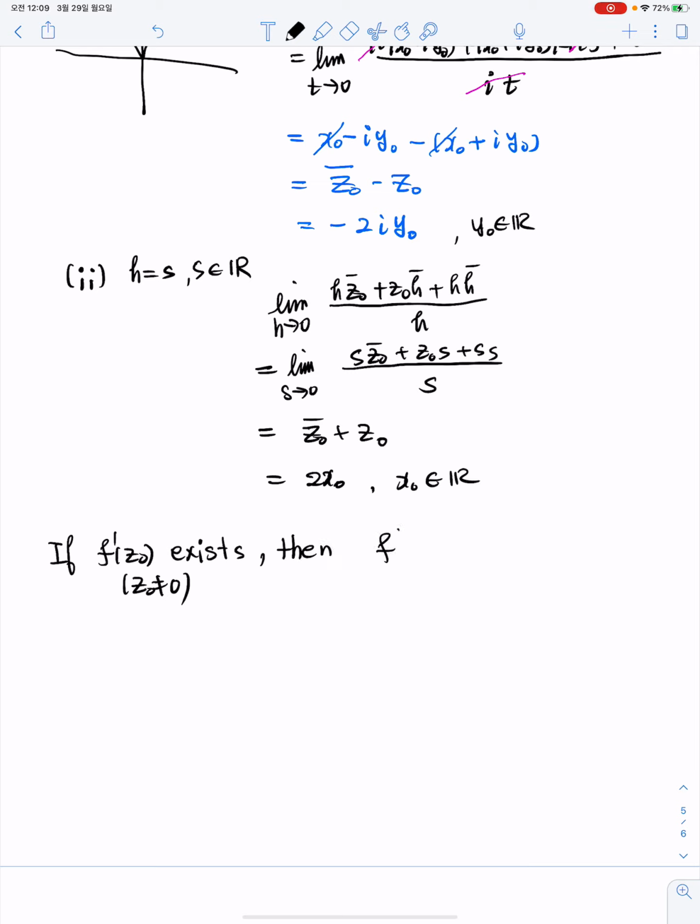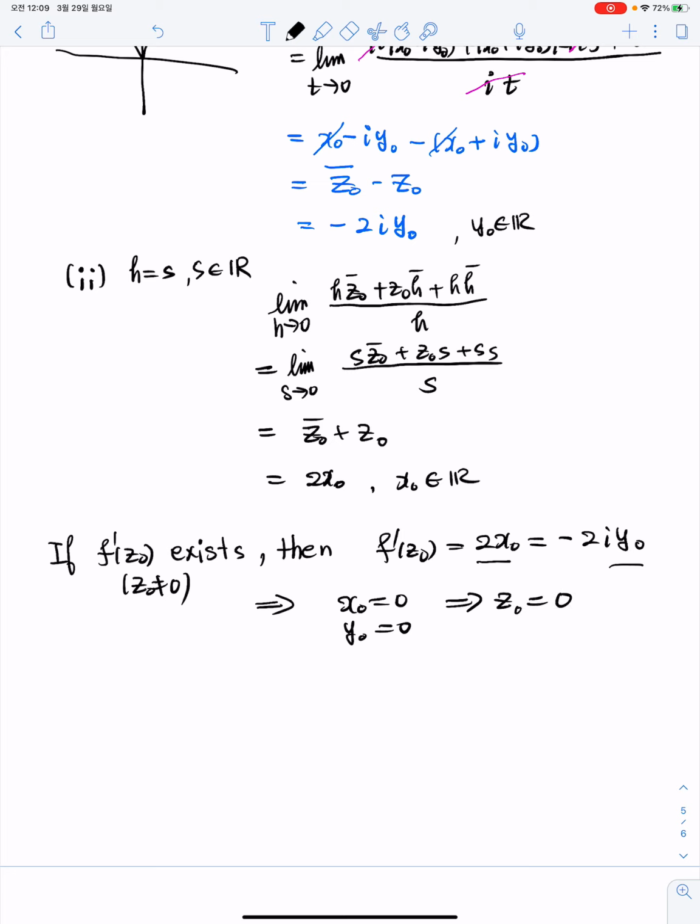So f prime z0 has to be 2x0 equals minus 2i y0. These are all real, so the only case is that x0 should be 0 and y0 should be 0. So that implies z0 equals 0. That's a contradiction, right?